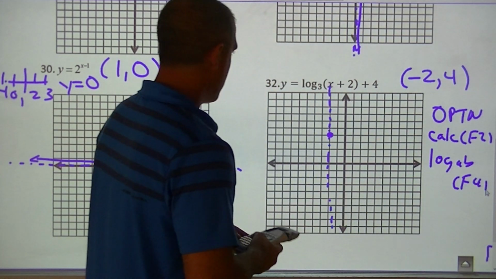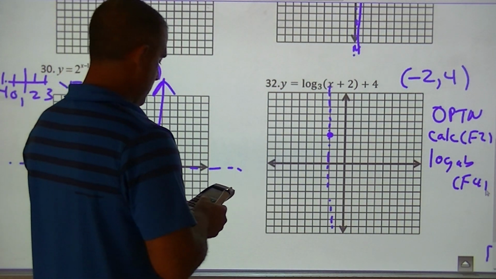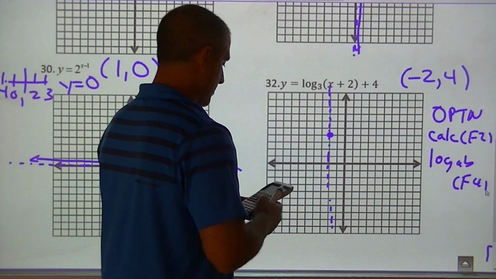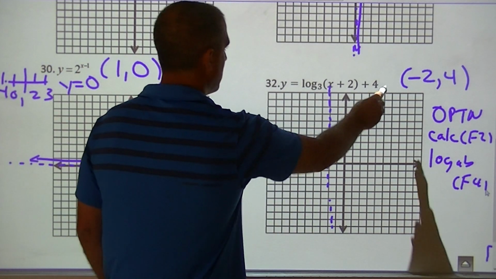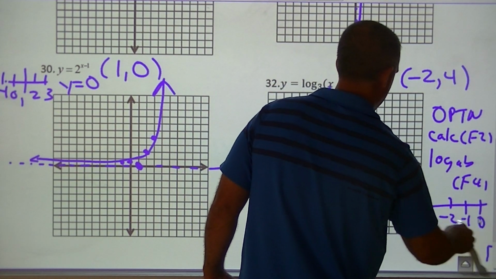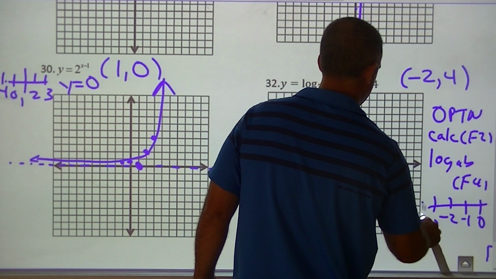You can put in your 3, your x plus 2, your plus 4. Now, what I want to graph in this, if I'm at -2, I want to graph -1 and 0, or try to, and -3 and -4.